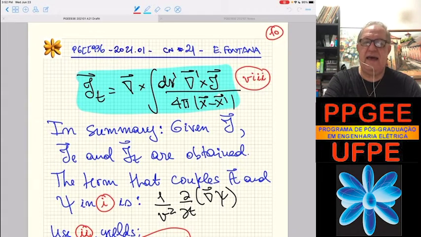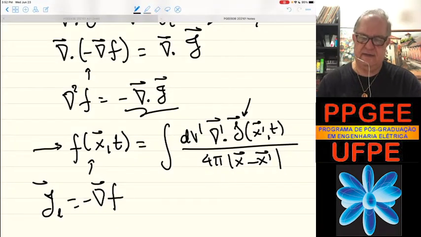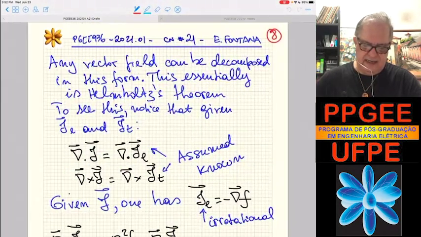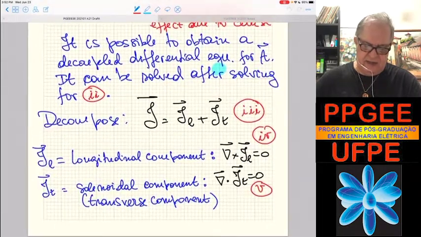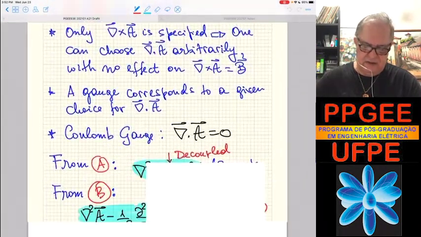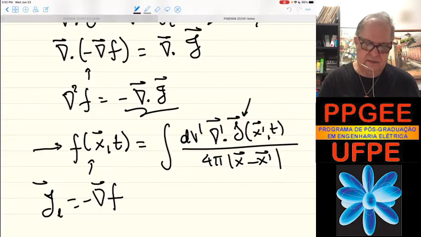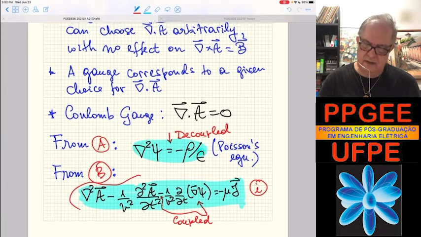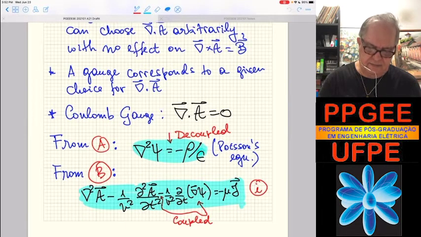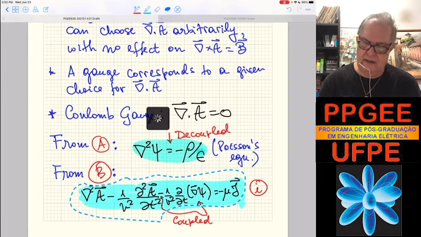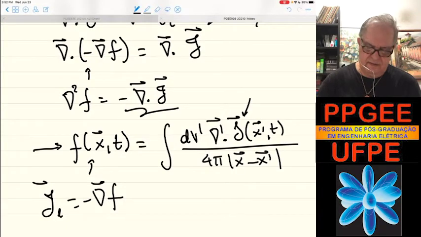So let's see what happens to the differential equation. Let's go back. Let me just show you again here. In the differential equation, there's a coupling between A and psi. We want to eliminate that by defining those components. Let me pick this equation here, copy, and move over here.